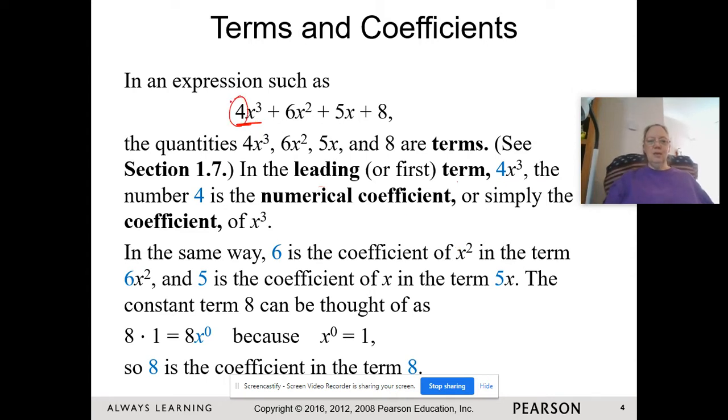This number right here is called the coefficient, or the numerical coefficient. 6 is the coefficient for the x squared term. 5 is the coefficient for the x term, and 8, we can call it a constant, or technically it is the coefficient of x to the 0. Not something you really need to know. We usually just call it the constant.